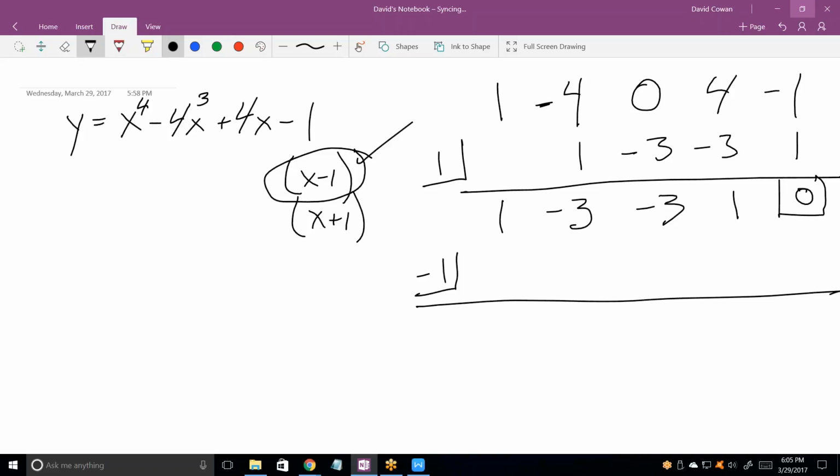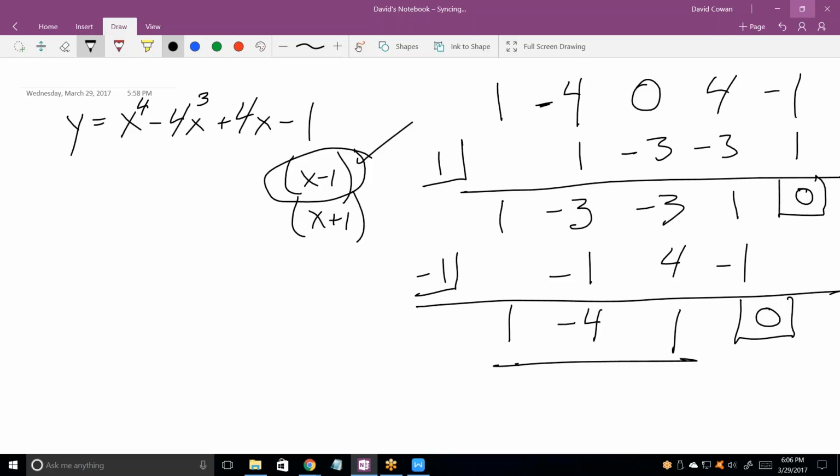And that's the beauty of synthetic division, is that you can take your first answer and immediately go to your second problem. So I'm going to bring this 1 down, multiply, add, multiply, add, multiply, and I get another 0. So what is my last factor?